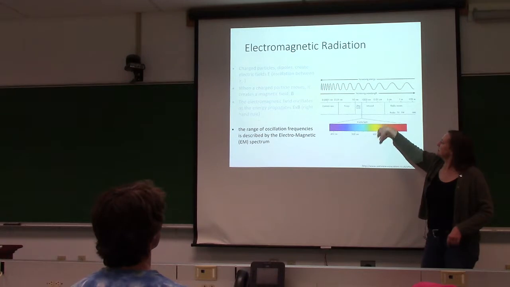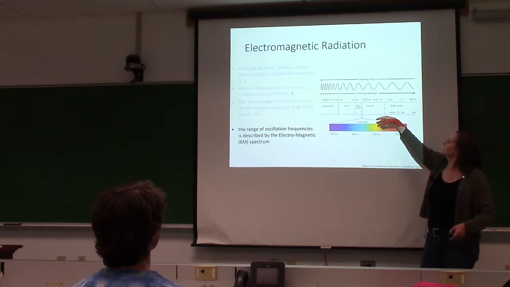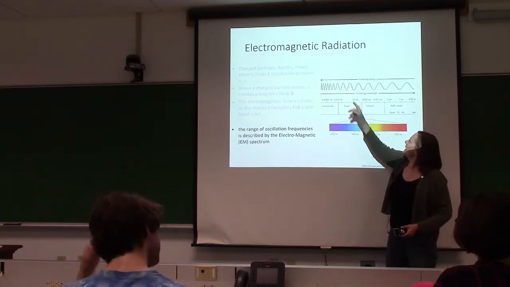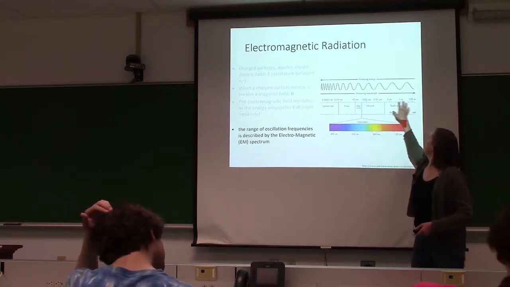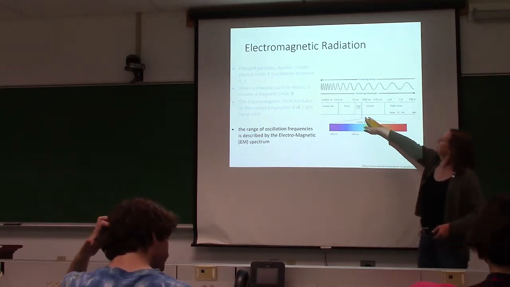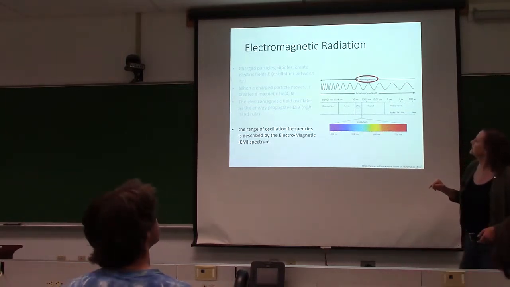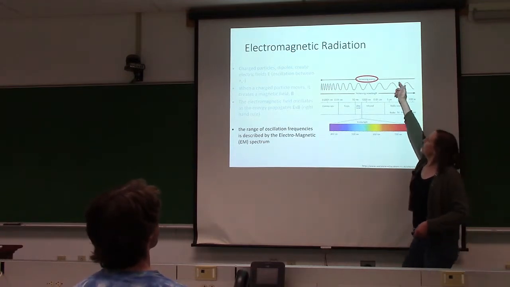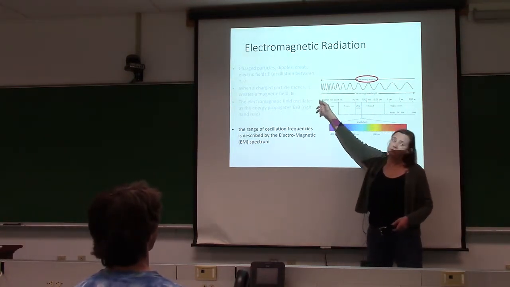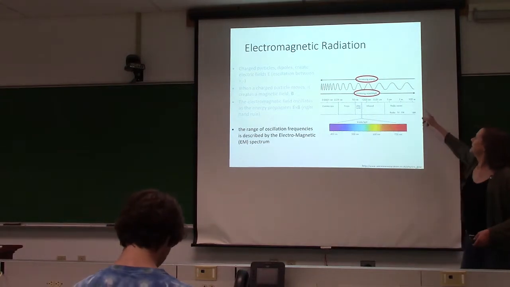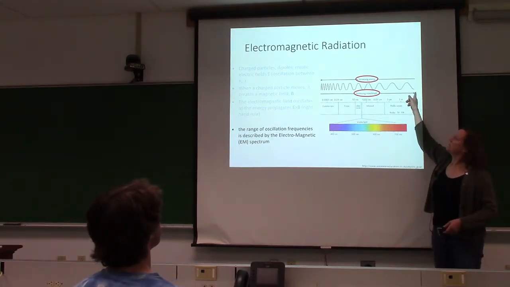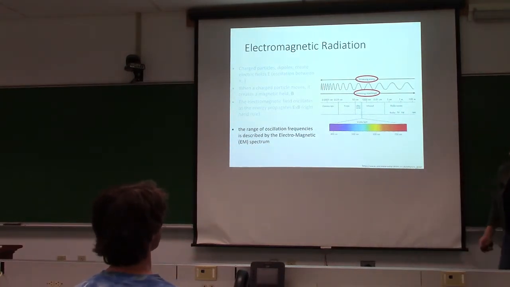In this diagram, you've probably seen a million times, we go from gamma rays to radio waves. Visible light is actually a really tiny part of this spectrum, and we have increasing energy as you go to shorter wavelengths, and increasing wavelength as you go to lower energy.